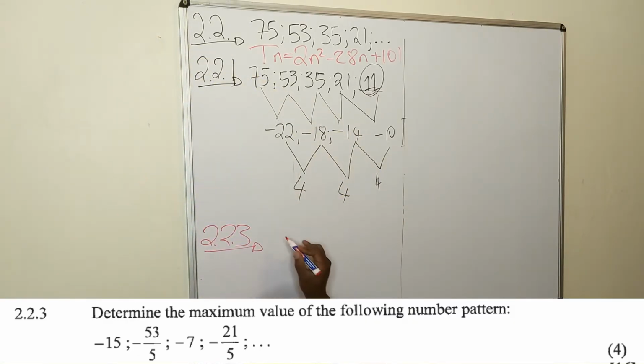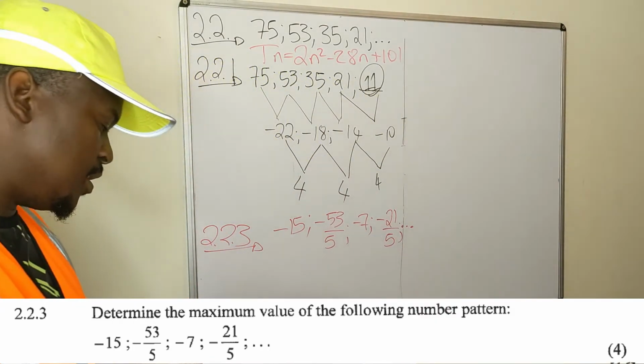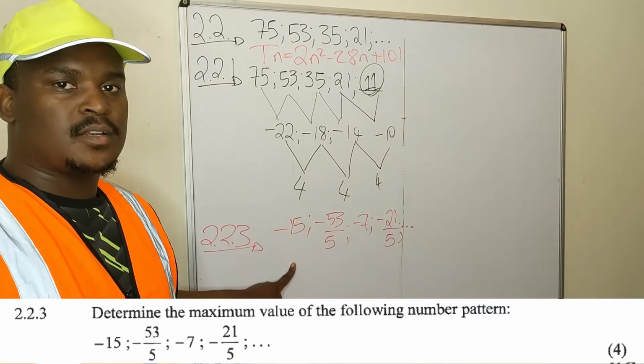So the pattern is minus 15 over 5, minus 53 over 5, minus 7, minus 21 over 5, and then it continues, right? So you are given this pattern. They want you to find the maximum term of this pattern.